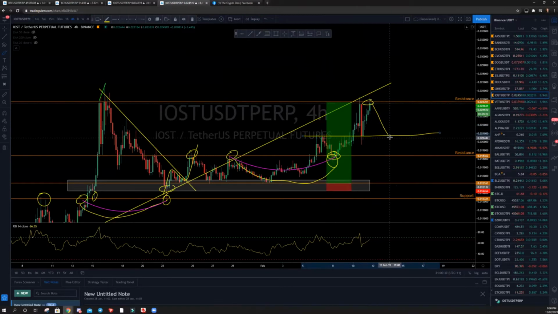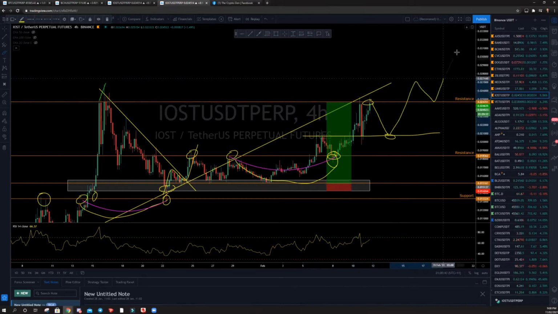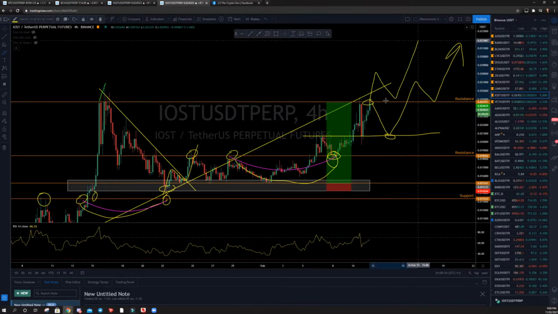At this point, I might have a look at getting in a long here and then for it to go back up. But I'm not looking to do anything right now until EOS breaks up and goes up, or breaks down and hits support, or even comes down even further to previous resistance, which is now support.